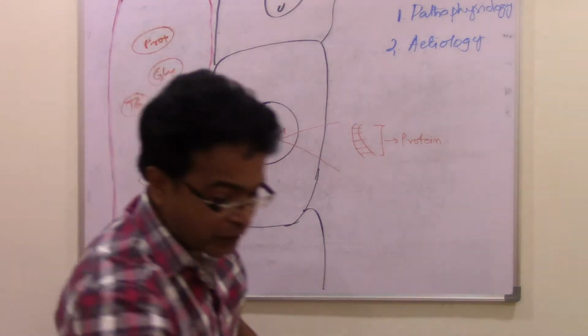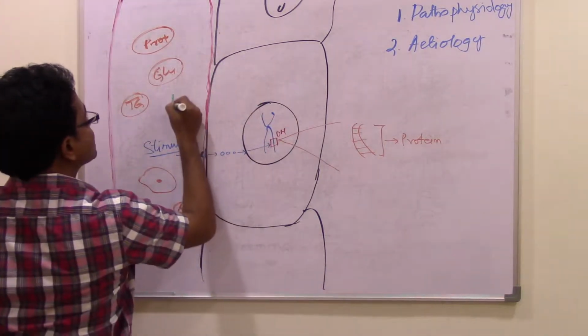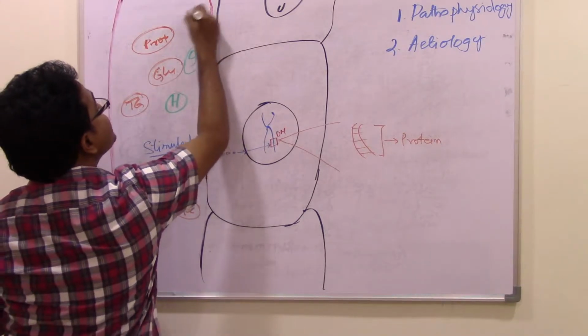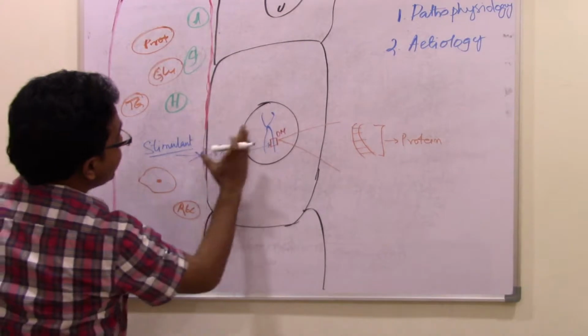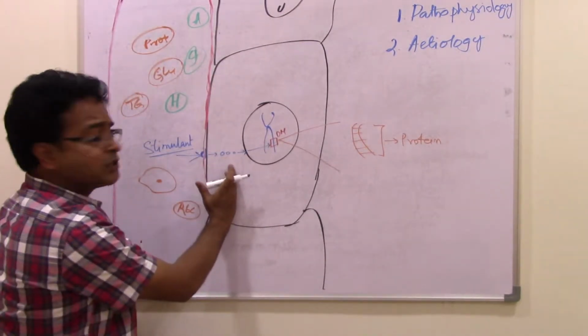On top of that, we have different kinds of hormones, right? Insulin is a hormone, adrenaline is a hormone. So different hormones are in continuous communication with the cell.